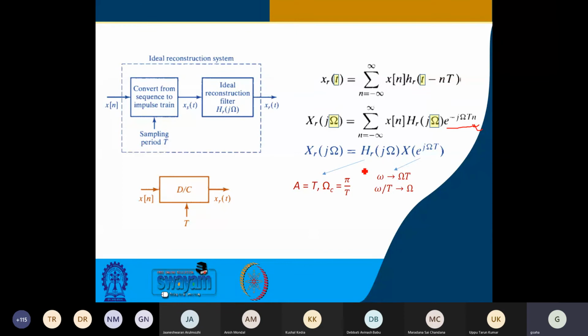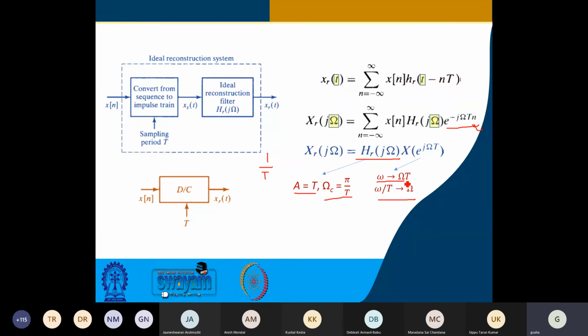And here we have already noted that this Hr(j omega), we would like to put in such a manner that we get the reconstructed signal back, for which we would like to keep its magnitude T, because there is a 1 upon T factor when you use the sampling. The cutoff frequency, of course, will be fs by 2, that is pi by T here. And the relationship between capital omega and small omega we have already noted to be linked in this manner.